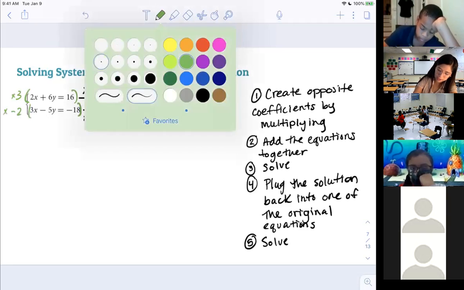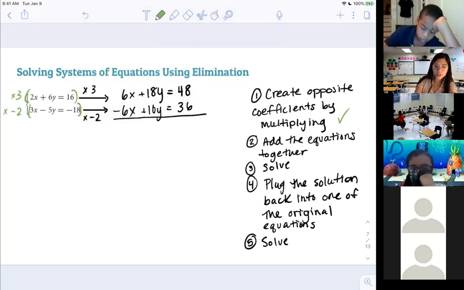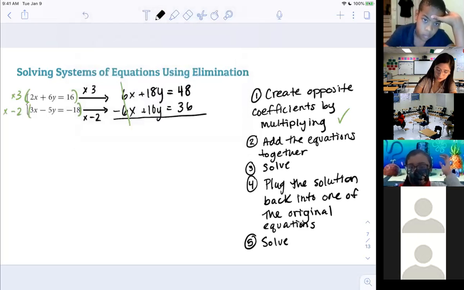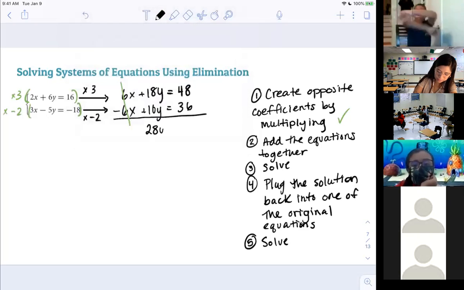Step 2, now I can add the equations together. And when you add those equations together, the 6's cancel out. And what do I get for the rest of it? 28y equals 84, exactly.